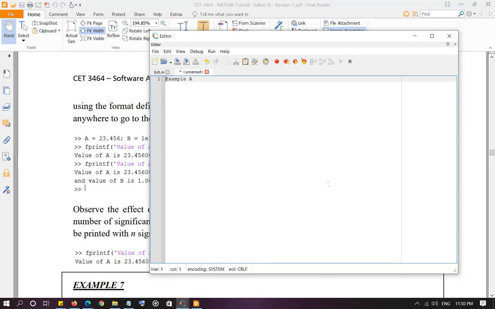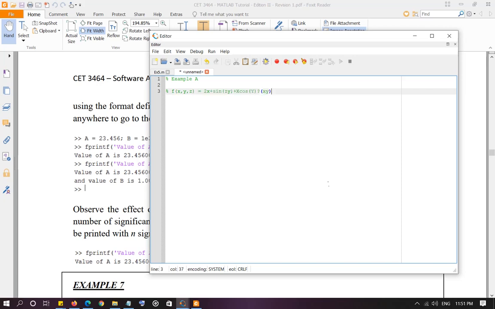Let's say we want to solve this equation, f of x, y, z equals 2x plus sine of z y plus x cosine of y divided by x y.